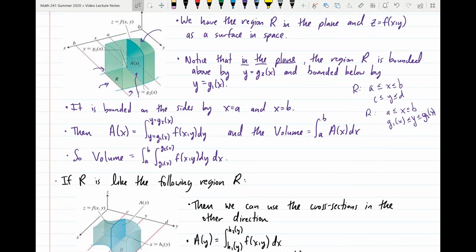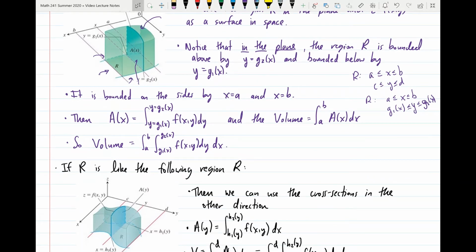So notice the difference here is that in section 15.1, the limits of integration were always constants. But now we introduce integrals where the limits of integration can be functions in and of themselves. And in this case, those limits will be functions of the variable x.